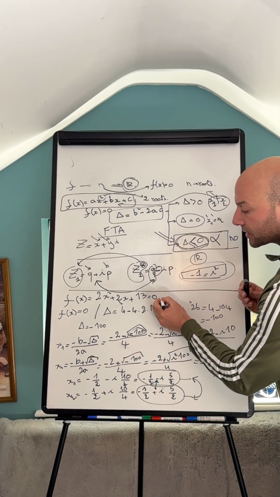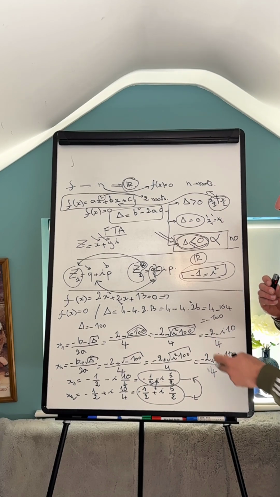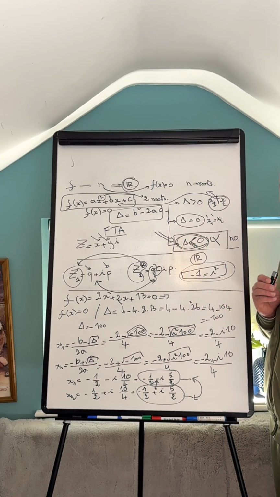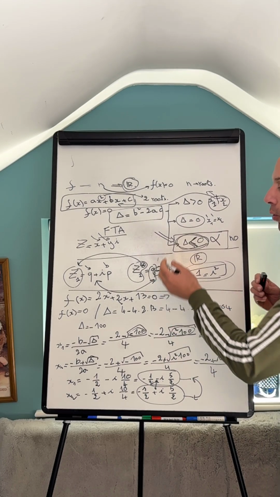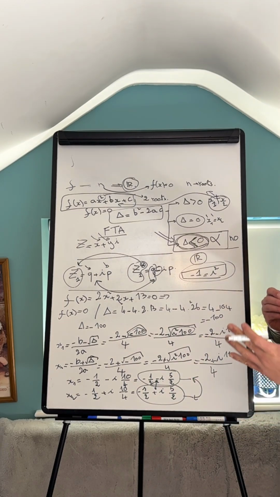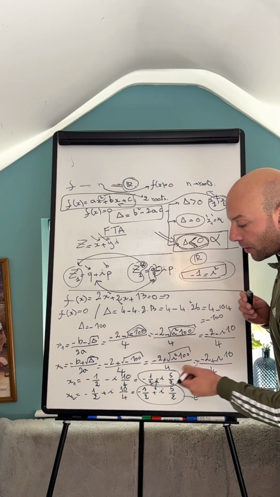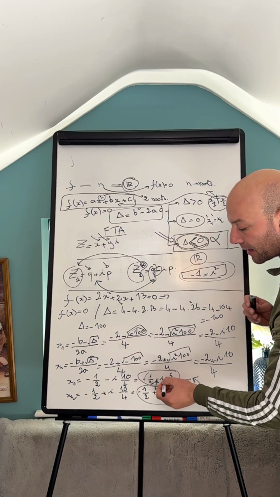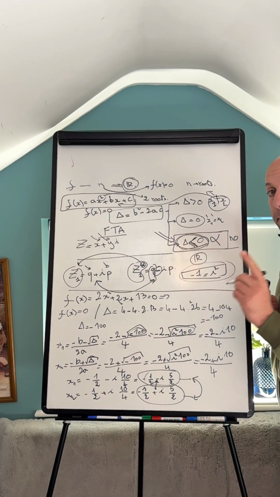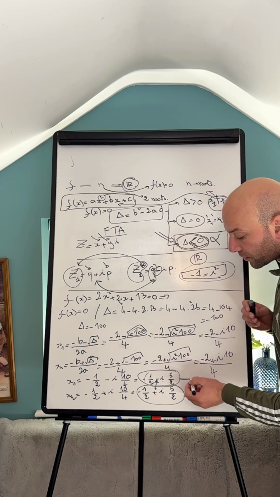Again, in this function here, in real numbers there are no solutions because delta is negative. But in complex numbers, we found 2 solutions, which are x1 and x2, or z1 and z2, whatever you want to call them. They are complex numbers, a real number plus an imaginary number and a real number minus an imaginary number.